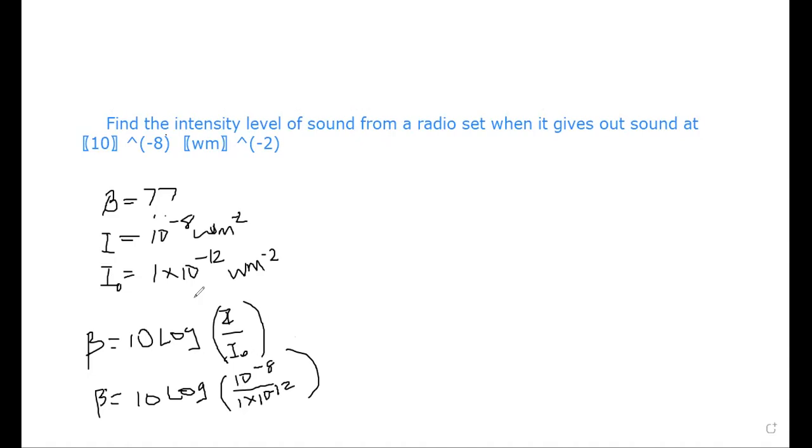In place of I0, we replace the second one. Hope you're following. When we simplify this, we get beta equals 10 log 10 to the power 4. And this will give us a final answer, which is 40 decibel.